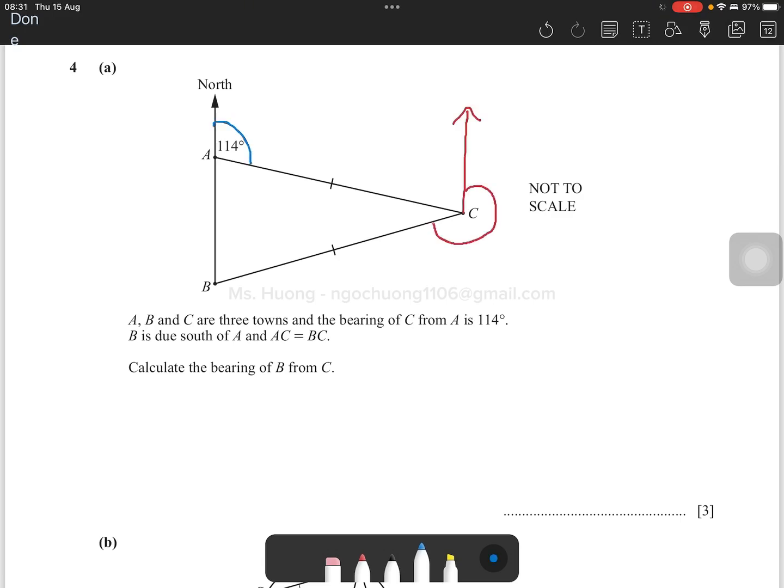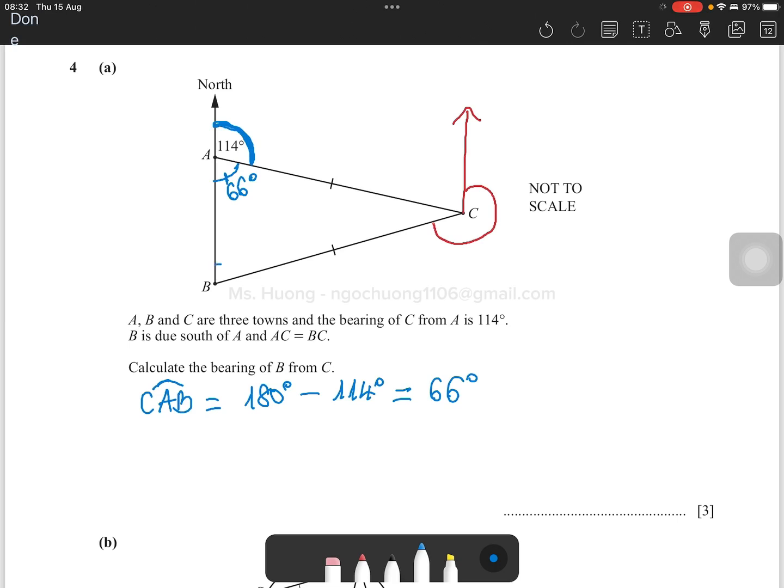So we see that this angle is 114 degrees and B is due south of A, which means 114 and this angle add up to 180 degrees because they are the angles on a straight line. So the angle CAB is equal to 180 subtract 114 degrees equals 66 degrees.